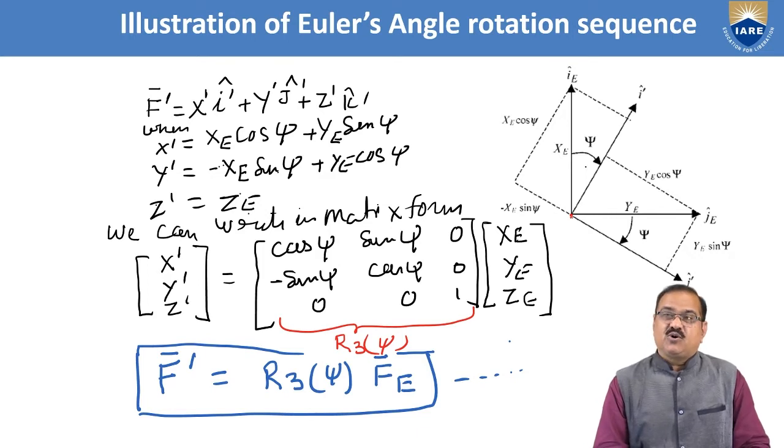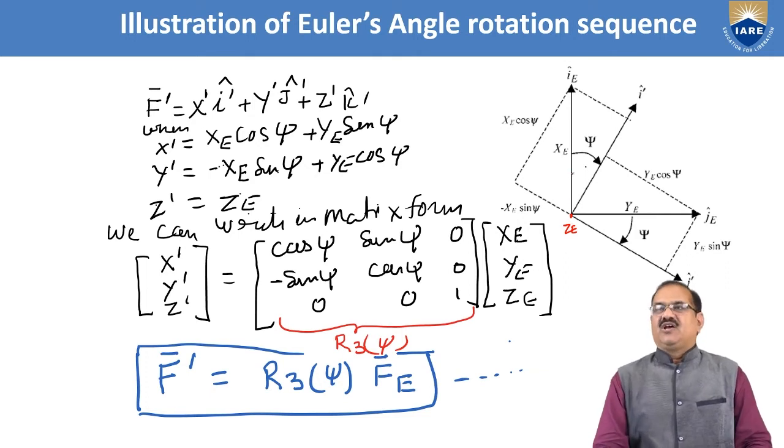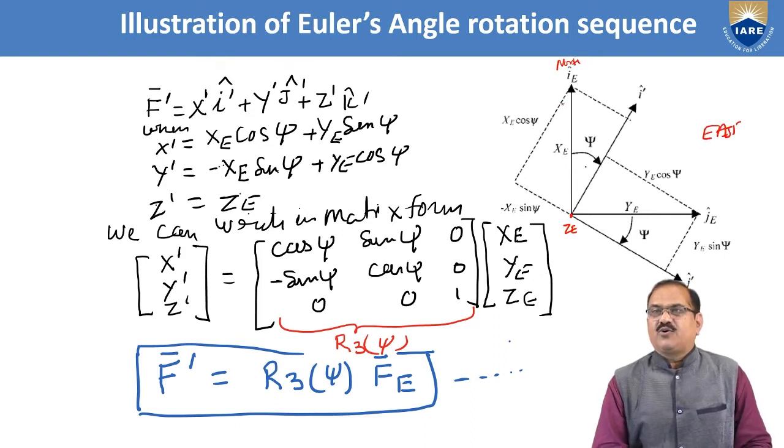The aircraft is rotating with respect to ZE, and Z is perpendicular to this plane. This is north and this is east. So you have to rotate towards the east, and it will become psi.